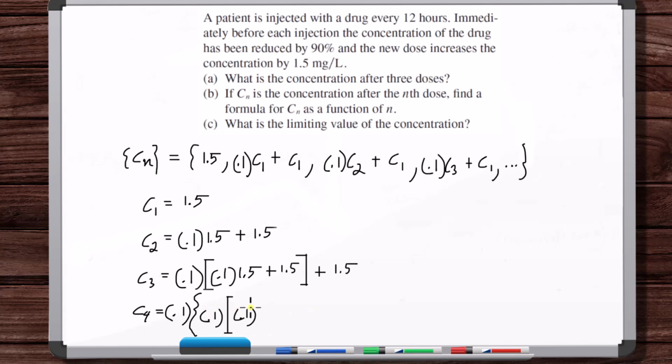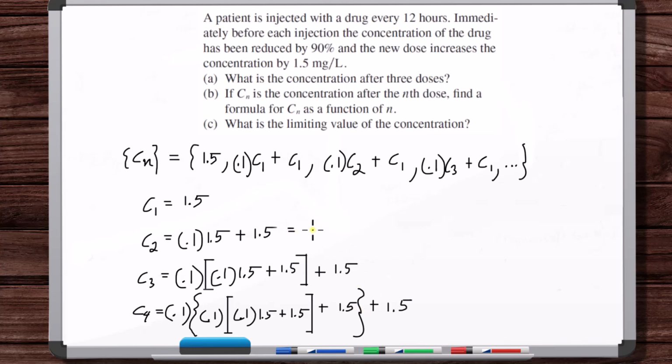0.1, and then, okay, this is kind of confusing here, but we've got 0.1 times the entire previous term. This is the entire previous term, right? And then plus 1.5. Okay, so now with these written out, can we find a pattern here? Well, one thing you can notice is that for all four of these, every single term has a 1.5.